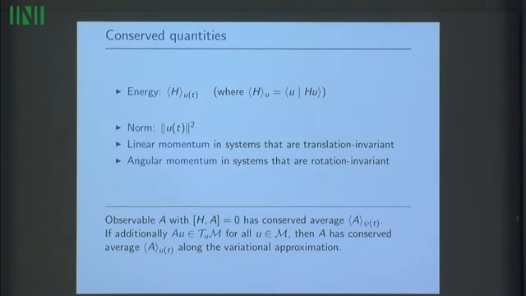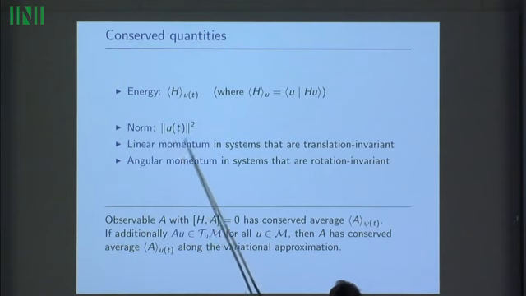Now let's look at conserved quantities. Well, I told you already, since it's a symplectic projection, we get a Hamiltonian system, and Hamiltonian systems conserve the energy. So that's the average over the Hamiltonian. That's the energy of the system. This is constant in time. That's energy conservation of a Hamiltonian system. But there's more to it.